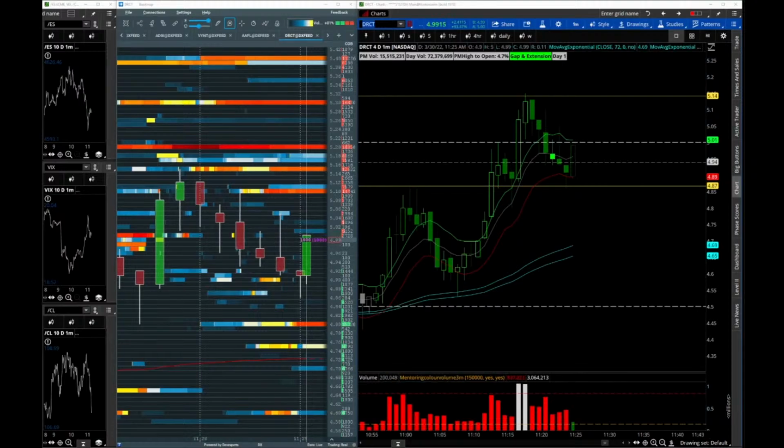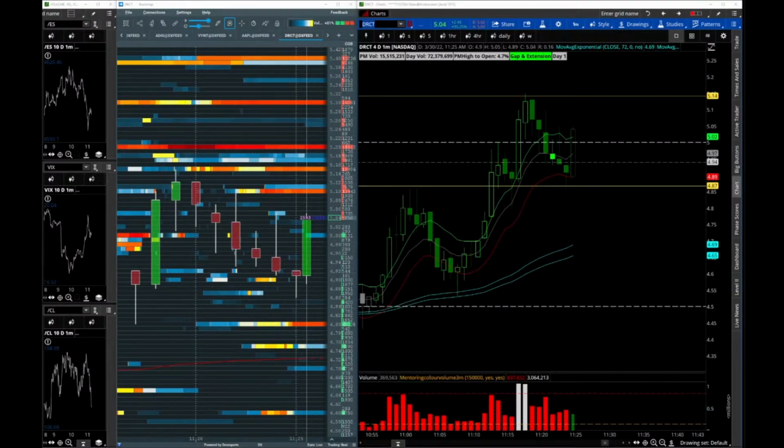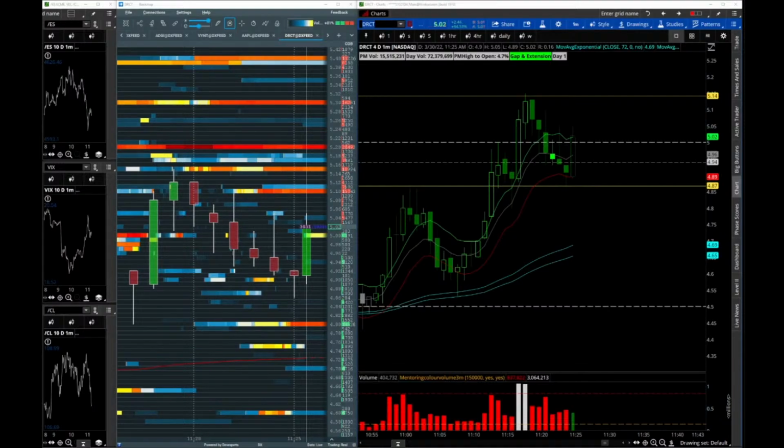So 5. I'm not taking any profit. Want to see a break of that 5 over there. Okay, 5.01, 5.02. 5 support now, looking for a 5.05, previous resistance. Selling partially here on the ask.